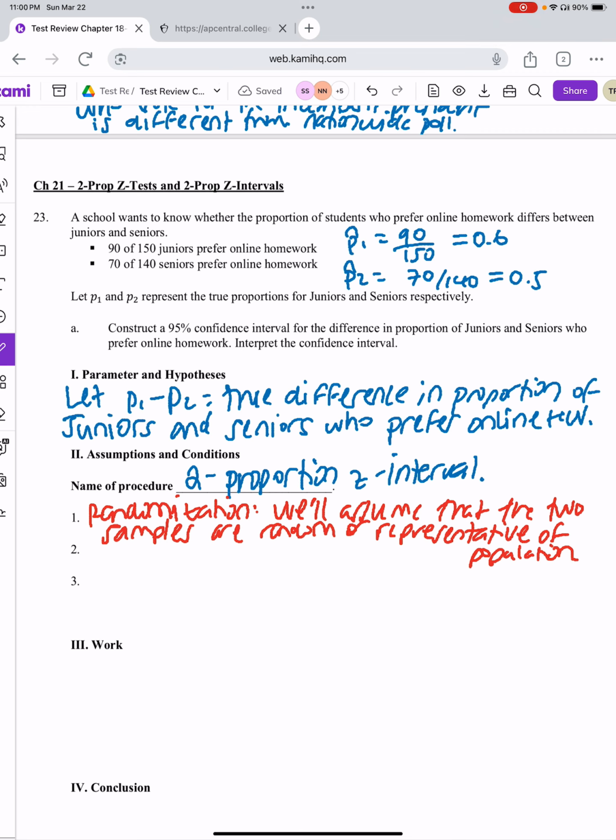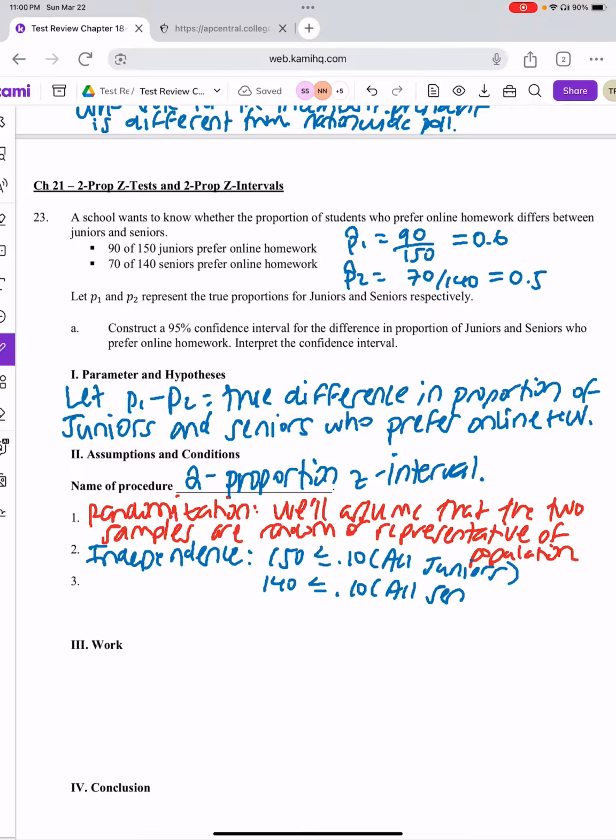So number two, we need to assume that in this sample, for independence, that 150 is less than 10% of all the juniors, and likewise 140 is less than 10% of all the seniors.